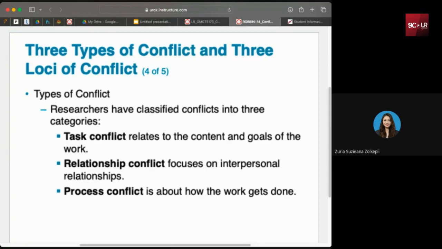So when we as an educator, when we do anything in the workplace, in the university, our main target ataupun our main goal is for students. Okay, it's not about ourselves.